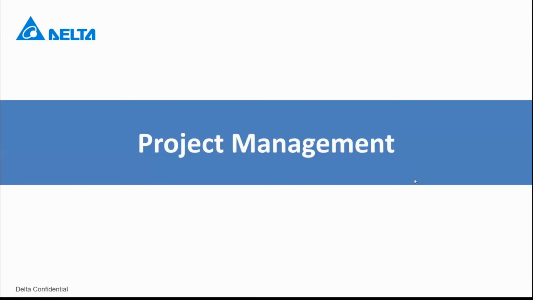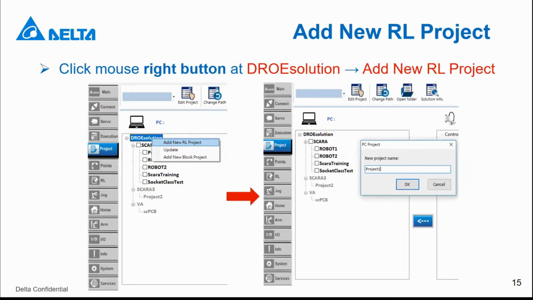And next is project management. So basically, our software is also project-based. So for each machine or application, you can create a project. And in the project, we store point information, programming information and some settings of the robot. So in the project page, you can right-click on the solution.